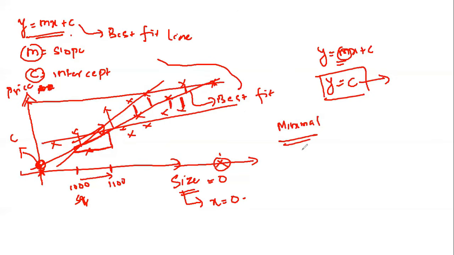Whichever best fit line gives us the minimal error, that will give me the slope value, that is m, and some value as c, which will be my intercept.